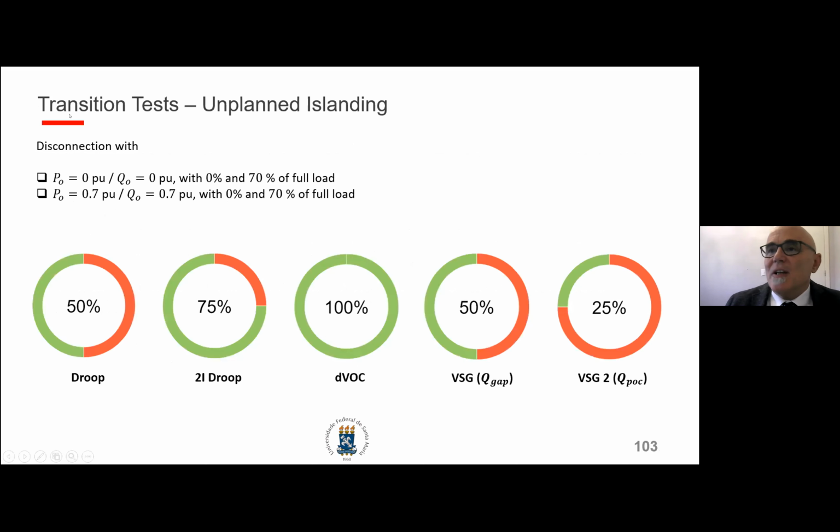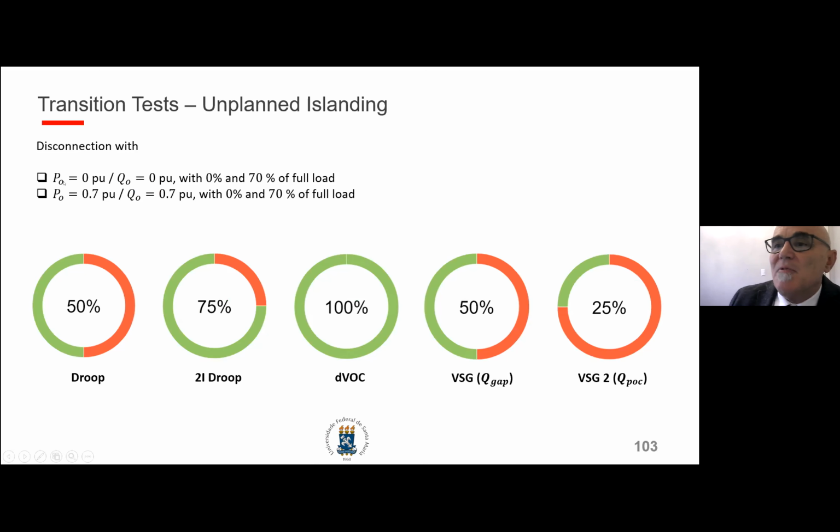Okay, so the transition test over here is unplanned island. Here basically we assume that there is a delay between the secondary controller and the primary controller of the different DRs, and the results depend on the set points.